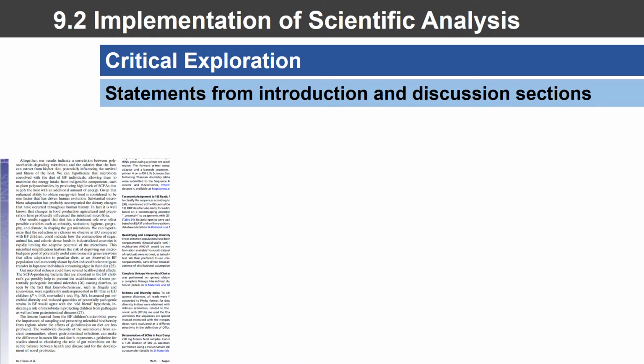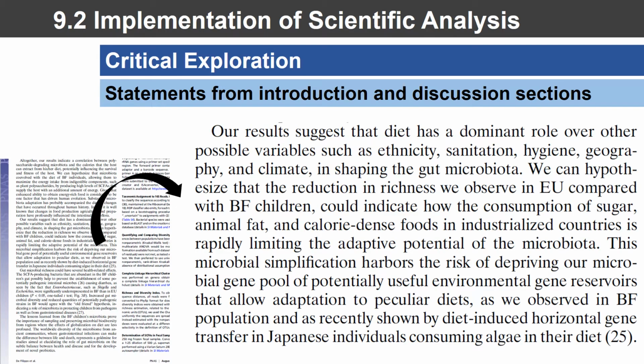I want to stay here on this theme, and we're going to move one paragraph down in the discussion to the paragraph that starts, "Our results suggest that diet has a dominant role over..." Let's start right at the top. Our results suggest something. They don't say that they show conclusively or definitively.